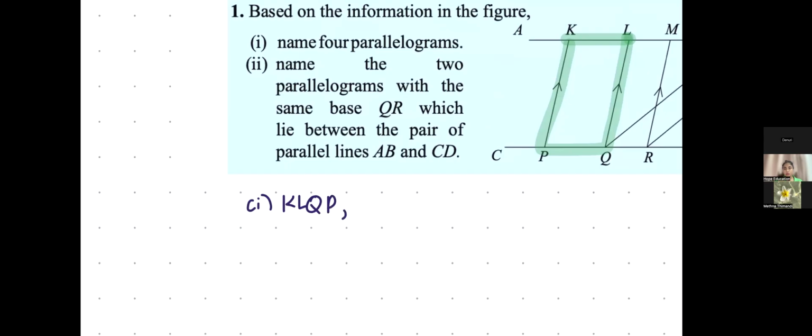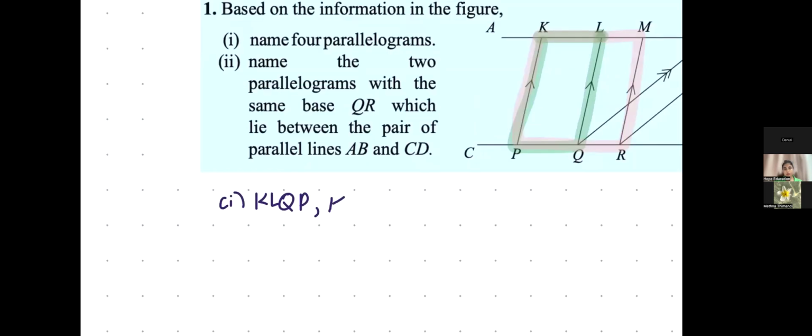Keep telling me while I mark this. KMPR. Let's see. Not KMPR but RP, we mark in the order of the letters. Otherwise it is wrong. That's why. So when you are marking a quadrilateral or a triangle or whatever, you mark in the order the letters come.